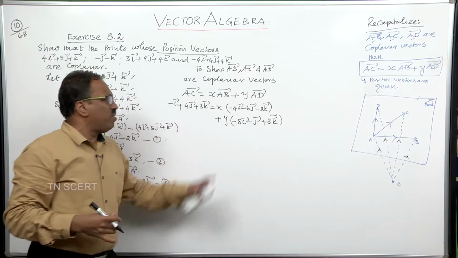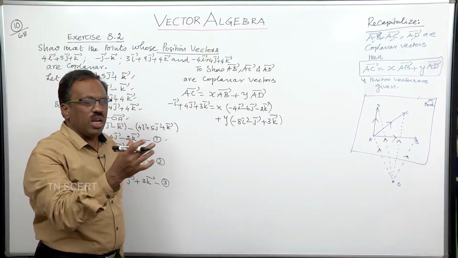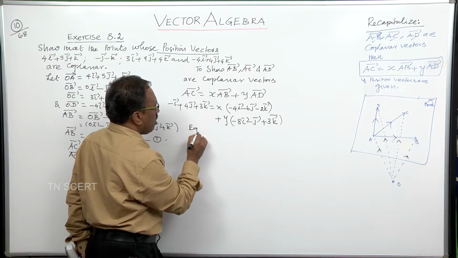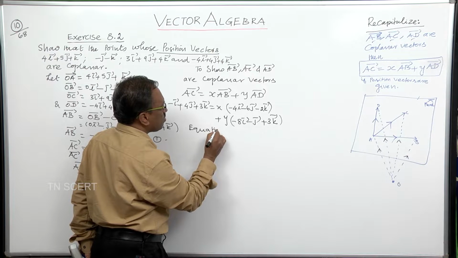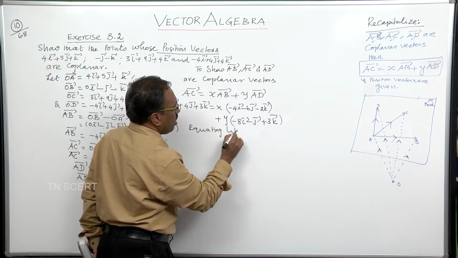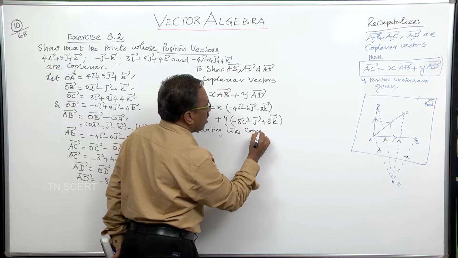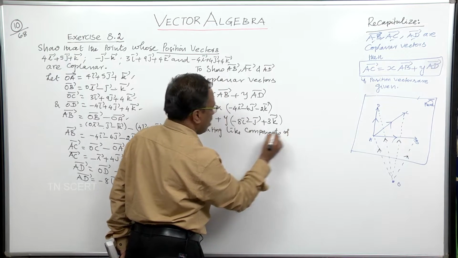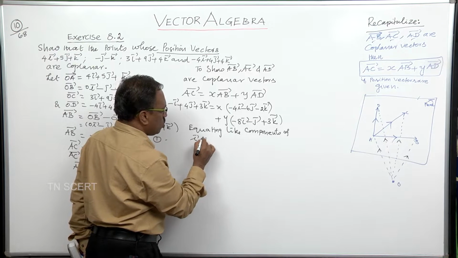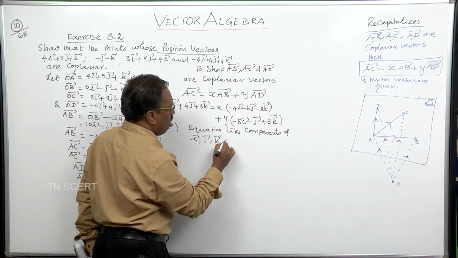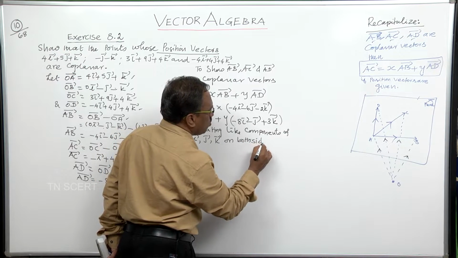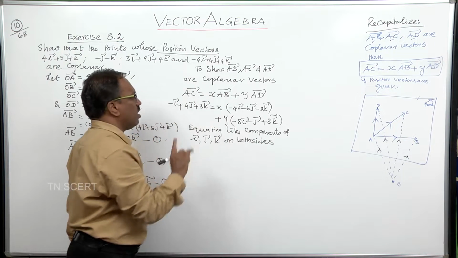So now we have the vector like this. So equating like components, like components of i, j, k on both sides. Like components means we have to equate either side.